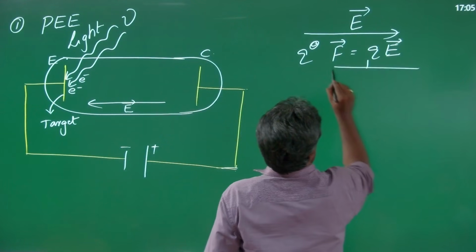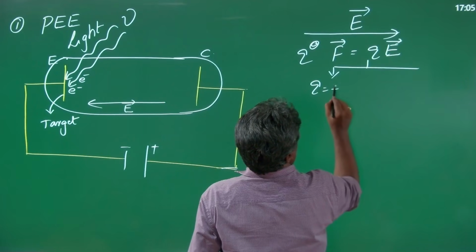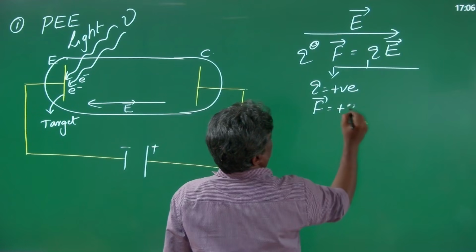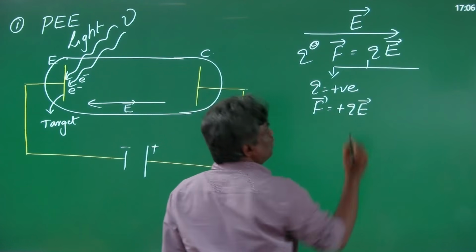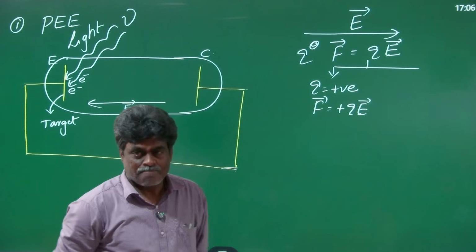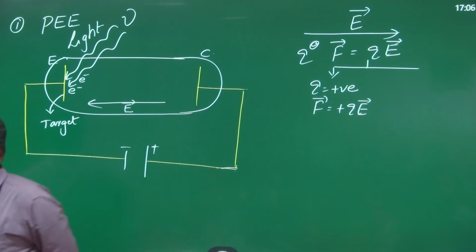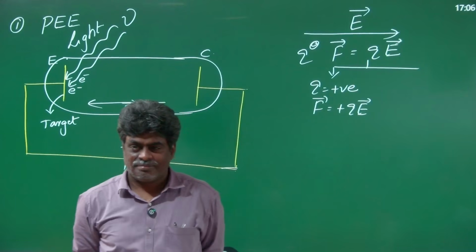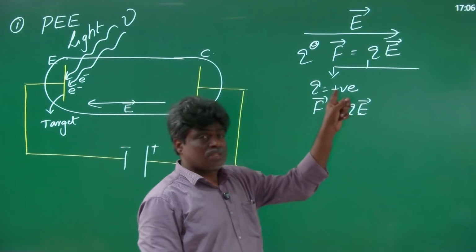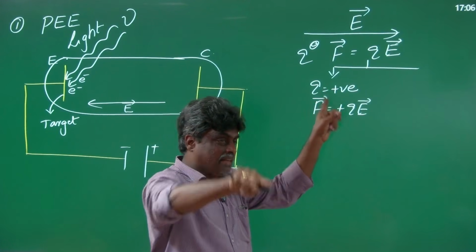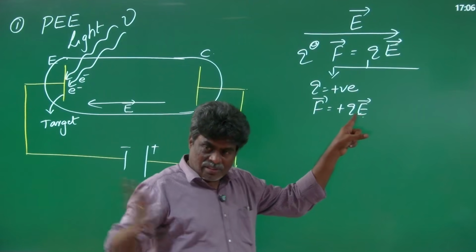Now, if I take Q as positive, then what is F bar? F bar is equal to plus QE bar. Tell me, what does this plus indicate? Force and field are both in the same direction, because your charge is positive; the force acting on a positive charged particle is always in the direction of the electric field.